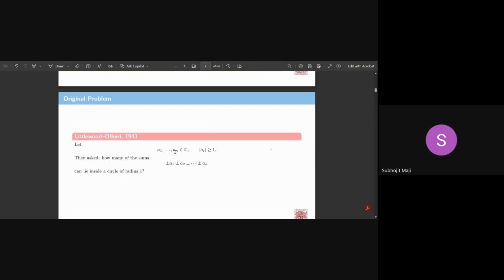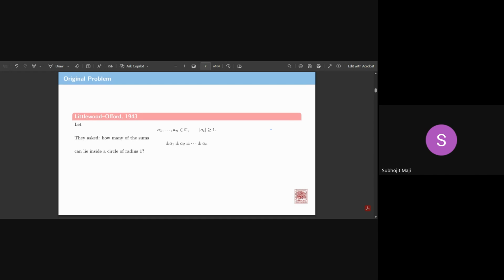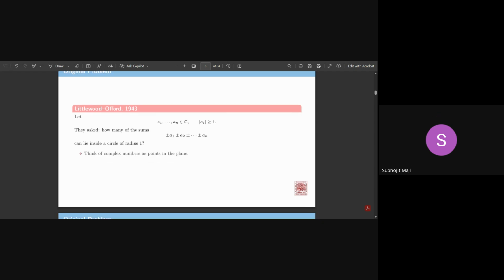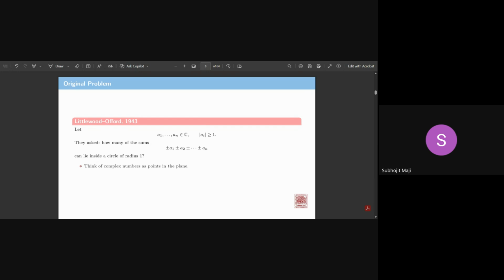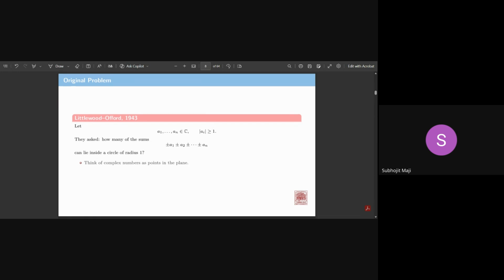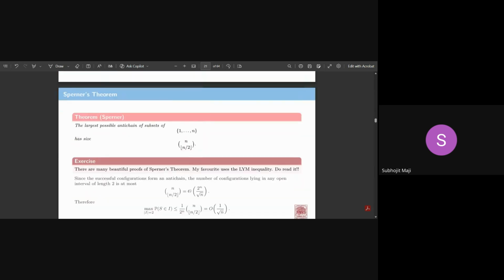If I had started with complex numbers, each of them having modulus greater than or equal to 1, then how many of these signed sums will lie in a circle of radius 1? So this has been answered because our C2 can be viewed as an R2 vector space, and then you can obviously do all those things that you had done with R2.